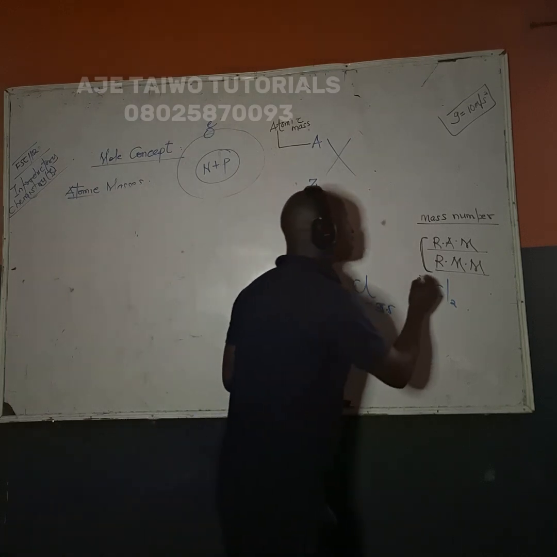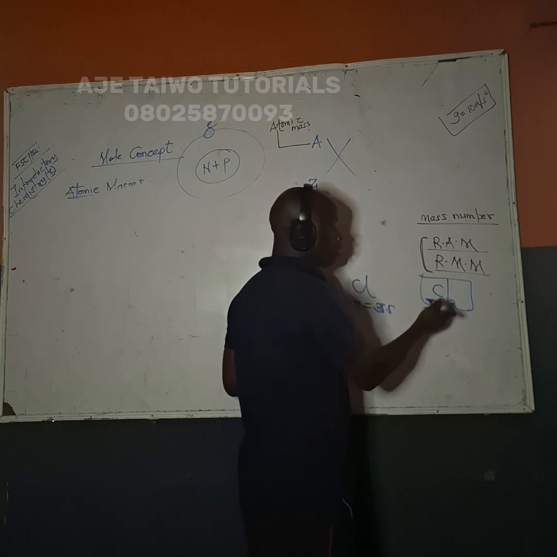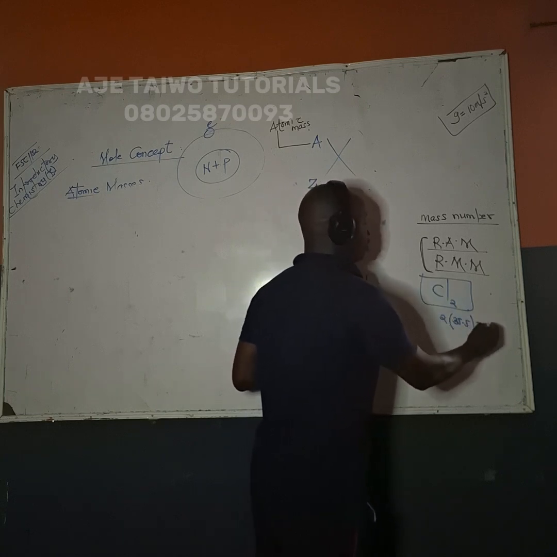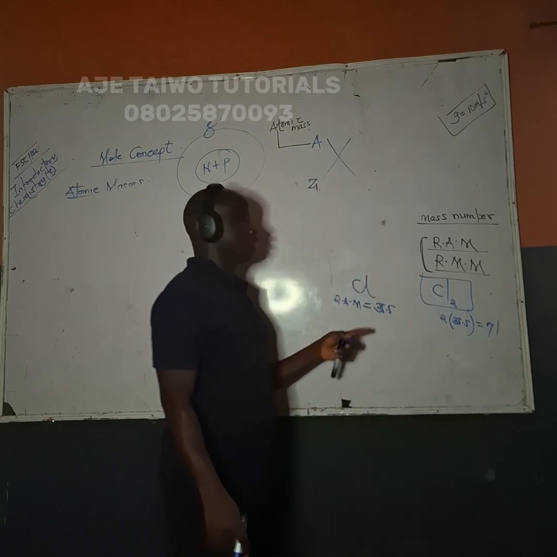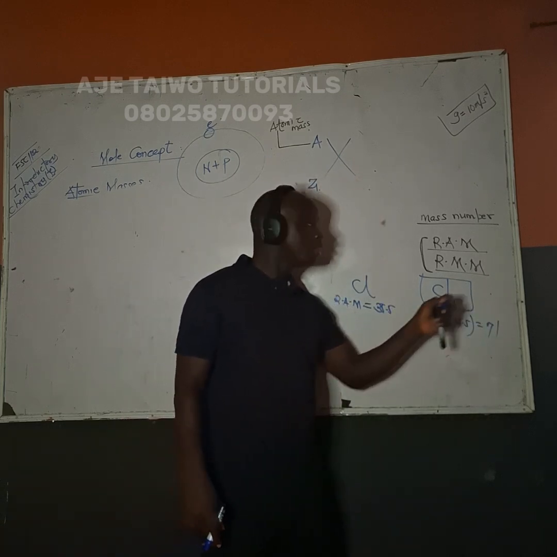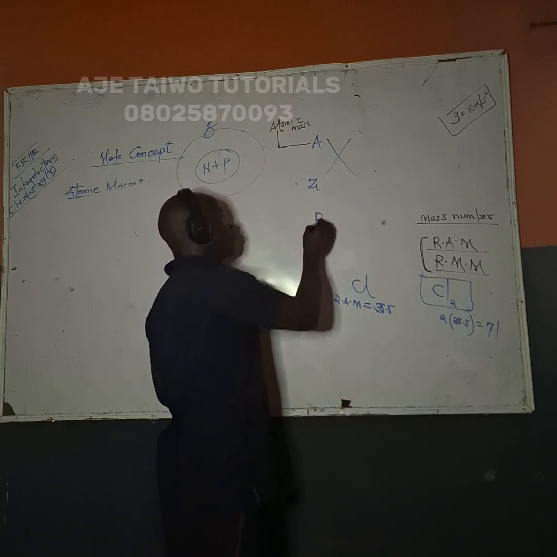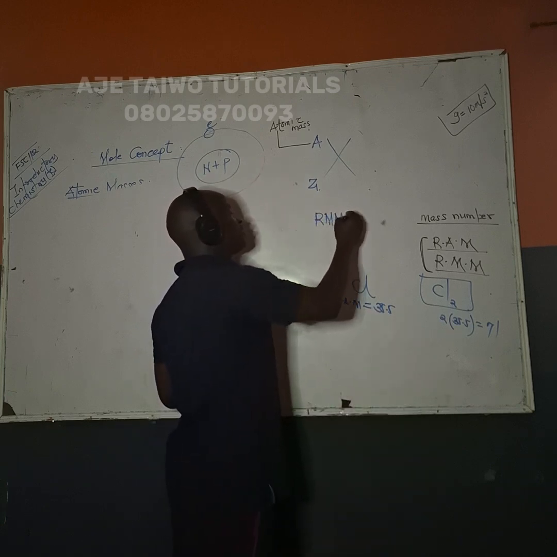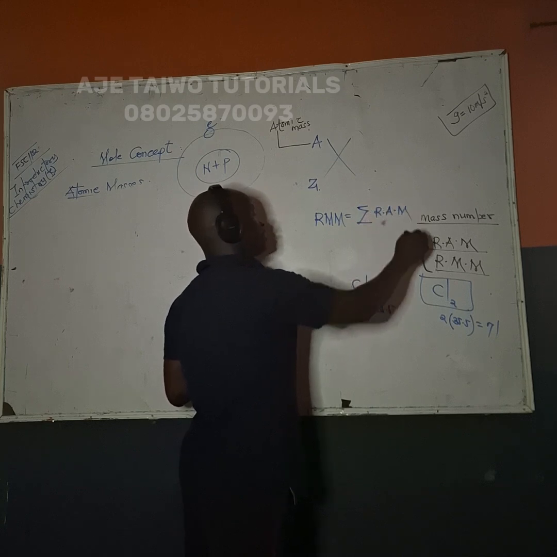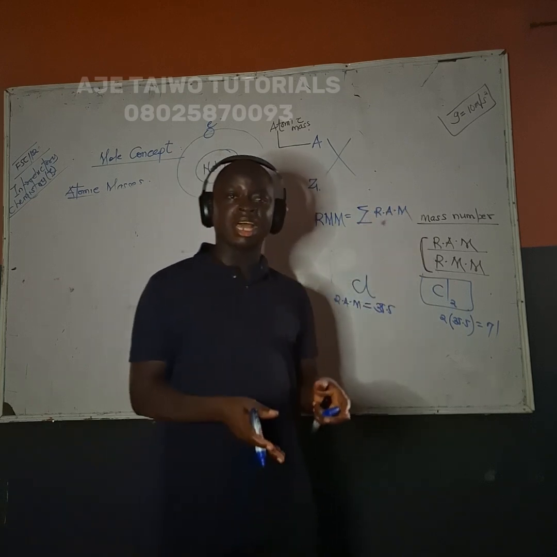But the relative molecular mass of chlorine is 2 times 35.5, which is 71. This is called relative molecular mass. In short, relative molecular mass is the summation of the relative atomic masses of all the atoms in that molecule.